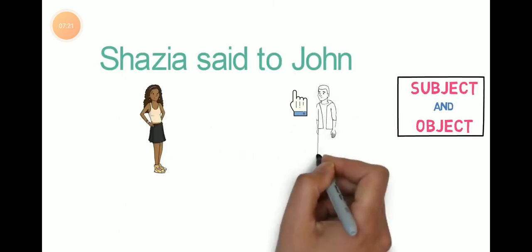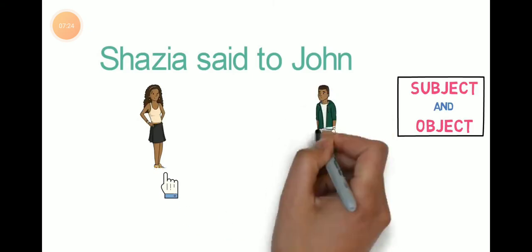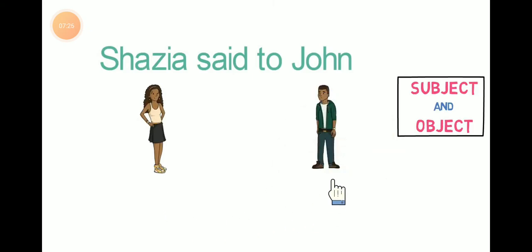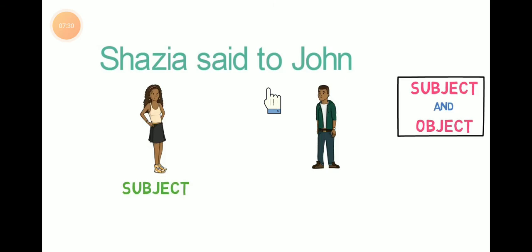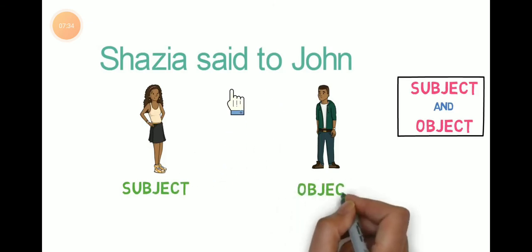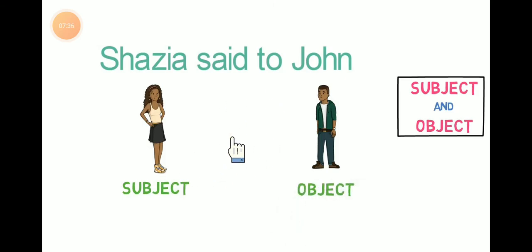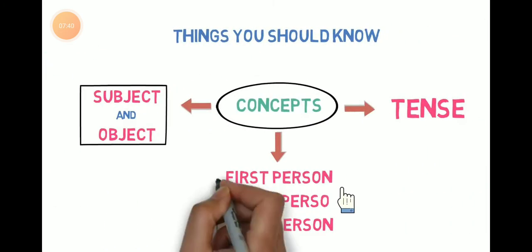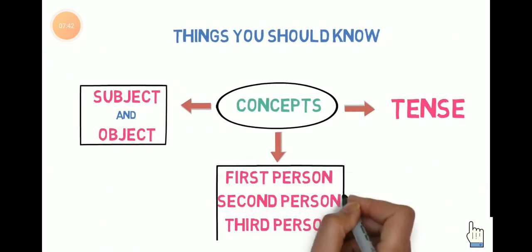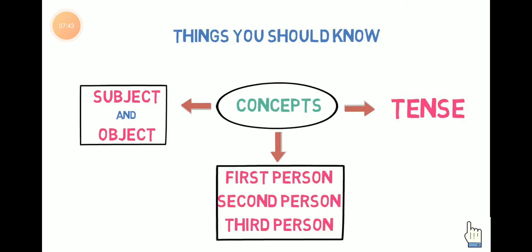So Sazia is the subject and John is the object. So what did Sazia do? She said to. What is the activity of Sazia? She said. She told something. Alright. So who is the subject? Sazia is the subject and John is the object. Okay, this is what we have discussed about subject and object.